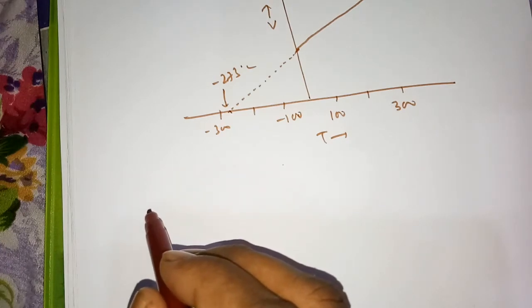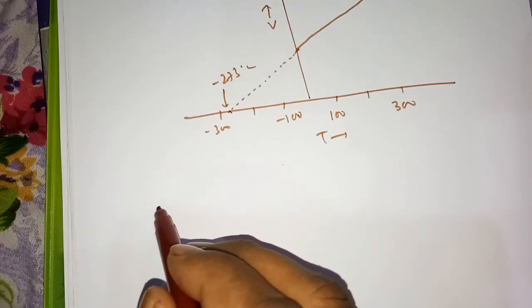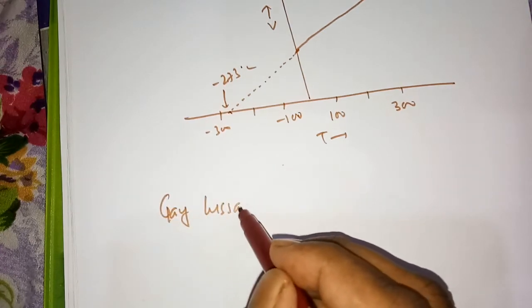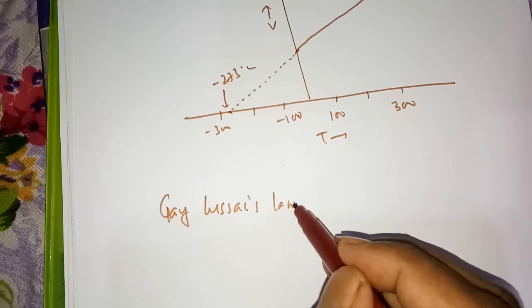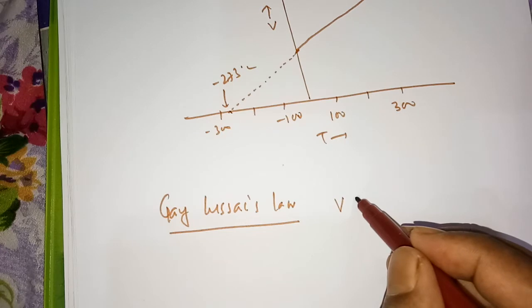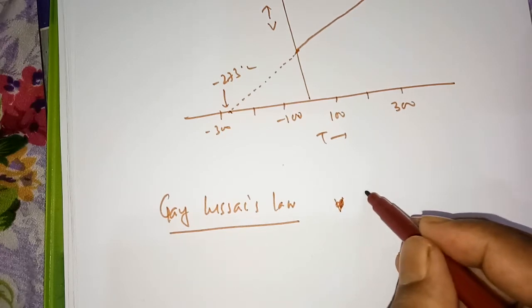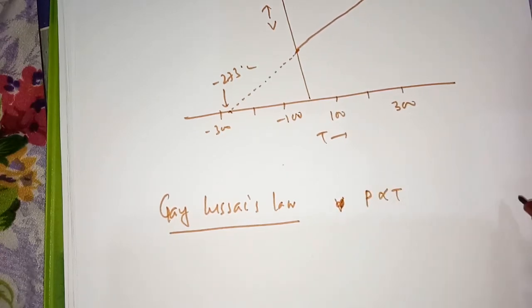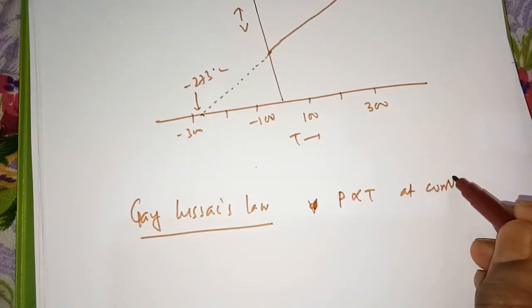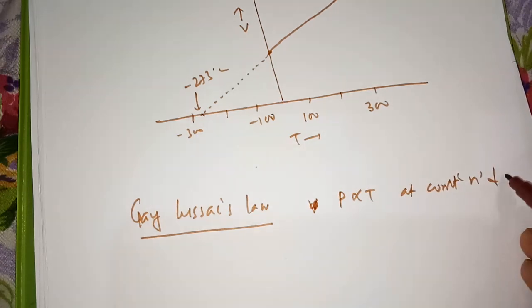Next is your Gay-Lussac's law. Now it is a relation between pressure and temperature. Pressure is directly proportional to temperature at constant number of moles and volume.